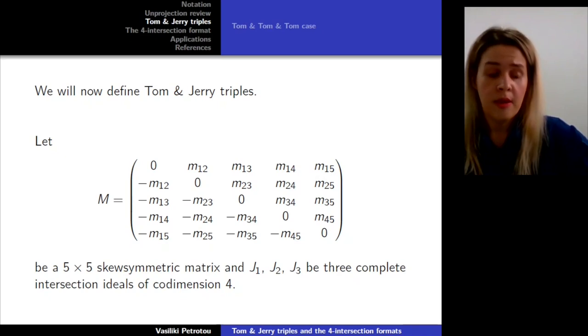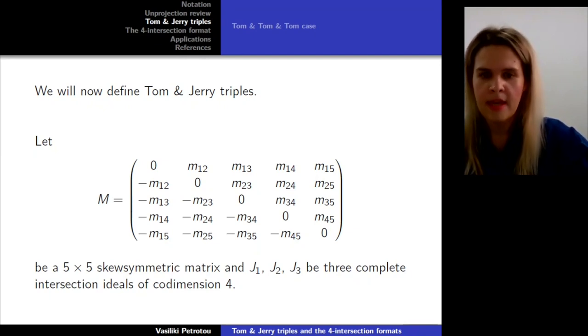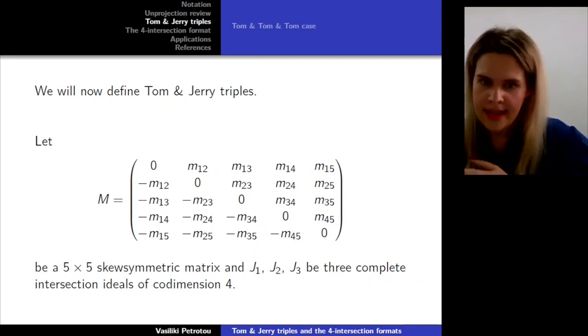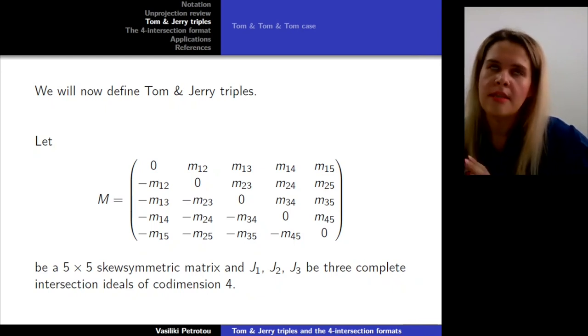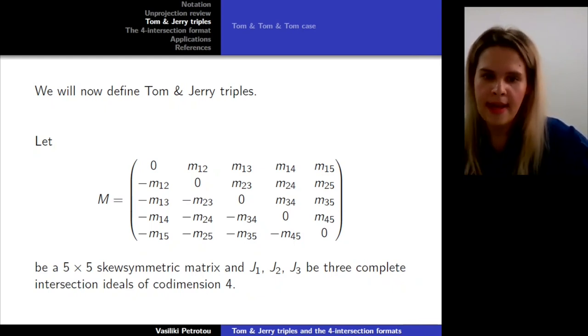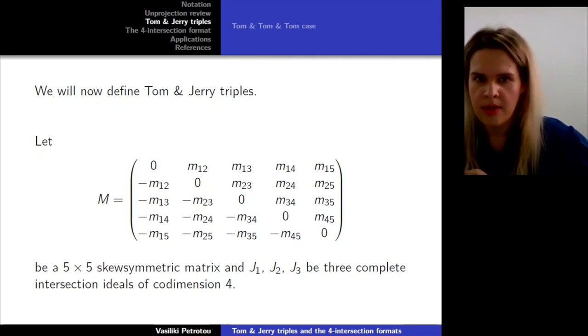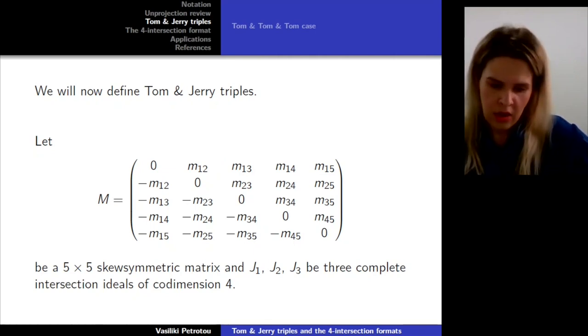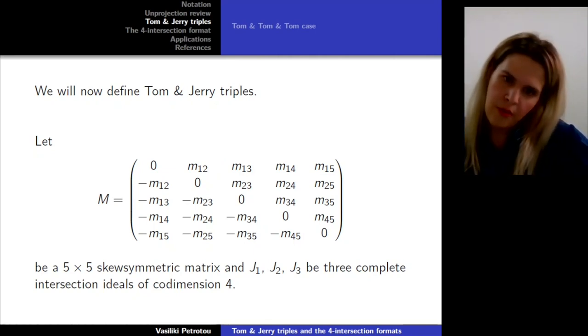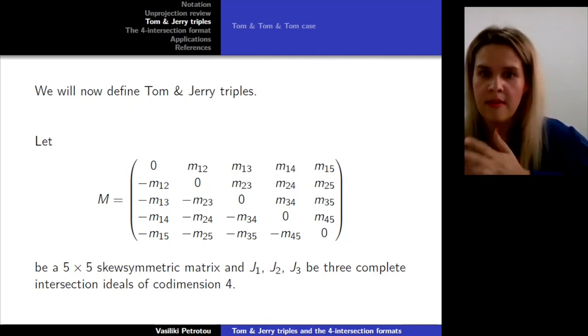The question that we set is, what conditions should the entries of this matrix satisfy such that if we compute the ideal of Pfaffians of this matrix, this ideal is contained simultaneously in the ideals G1 up to G3. The Tom and Jerry triple unprojection format gives one answer to this question.